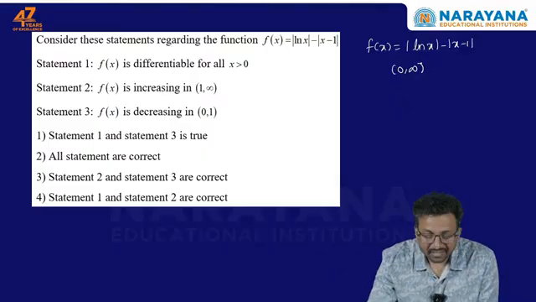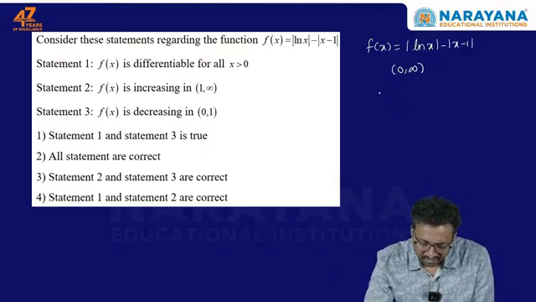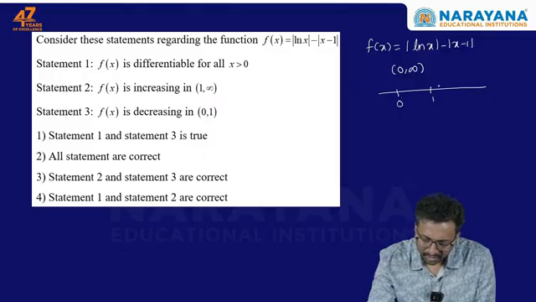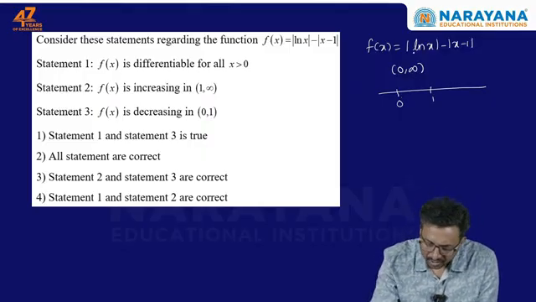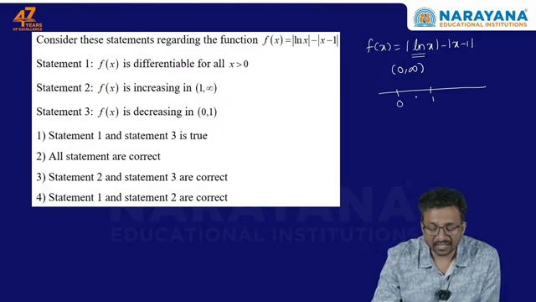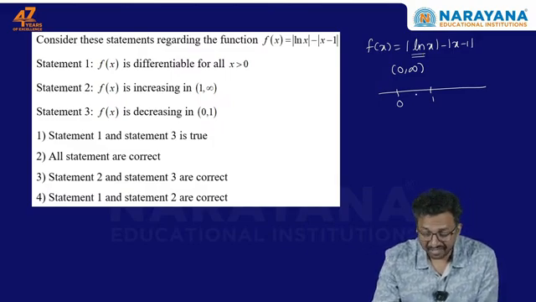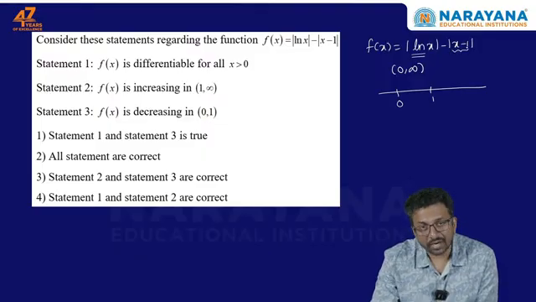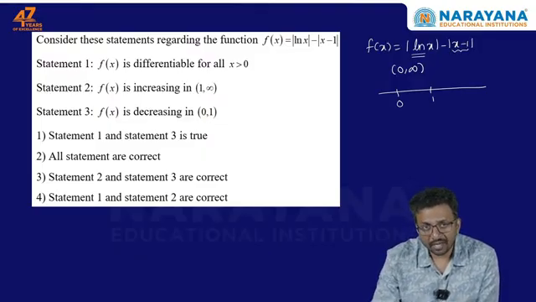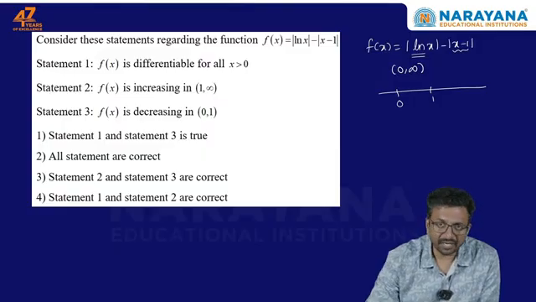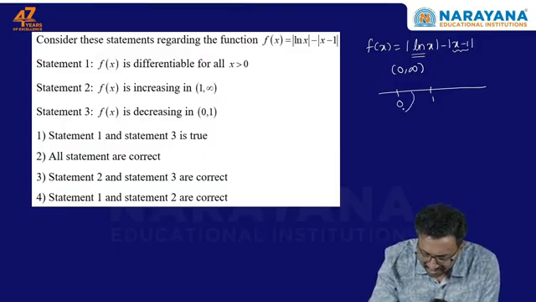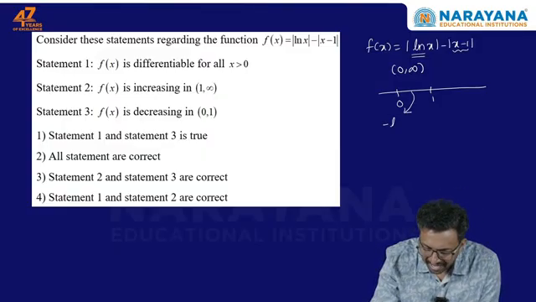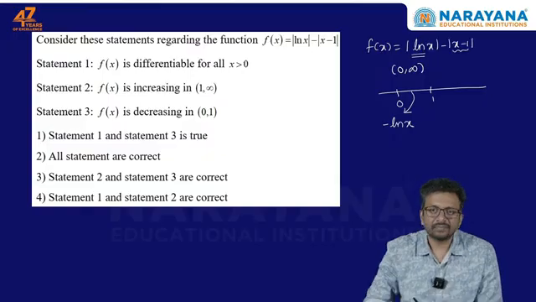So let us try to remove the mod first. So take between 0 to 1 and 1 to infinity. Between 0 to 1, log x is negative, and after 1 log x is positive. Similarly, x minus 1 after x equal to 1 is positive, before it is negative. So what is f of x in 0 to 1? It is minus ln x, right?